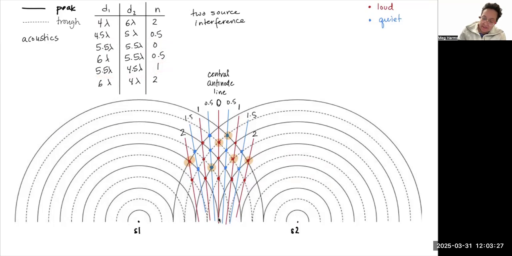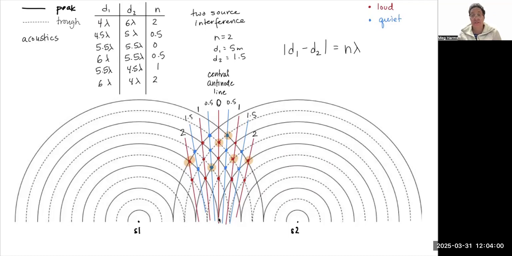And we're going to write that as the following. The absolute value of D1 minus D2 is n number of wavelengths. And what's cool is if I'm not counting this in wavelengths, let's say I'm getting out my ruler and doing the measurements, this still works. So let's say I'm on line 2, and my distance to speaker 1 is 5 meters, and my distance to speaker 2 is 1.5 meters.